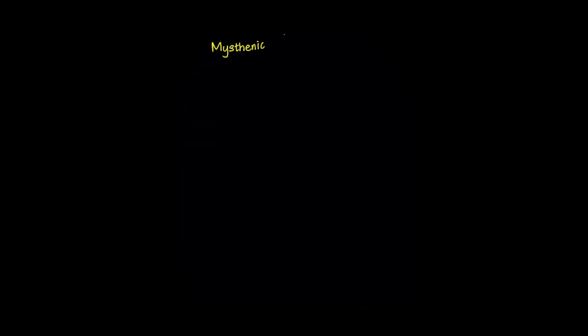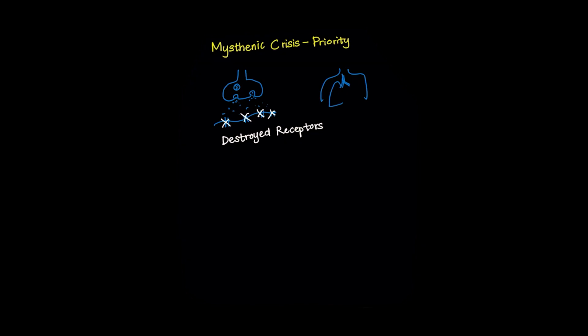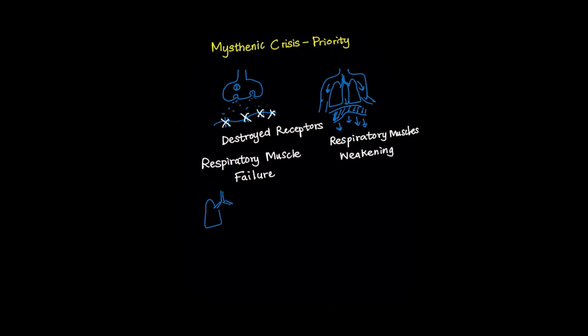During myasthenic crisis, airway management takes absolute priority over everything else. Myasthenia gravis causes antibodies to destroy acetylcholine receptors at the neuromuscular junction, progressively weakening all skeletal muscles, including the diaphragm and intercostal muscles needed for breathing. In crisis, these respiratory muscles fail rapidly, and patients can lose their airway within minutes.